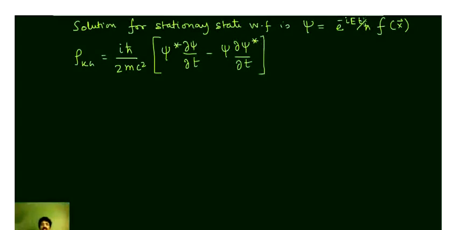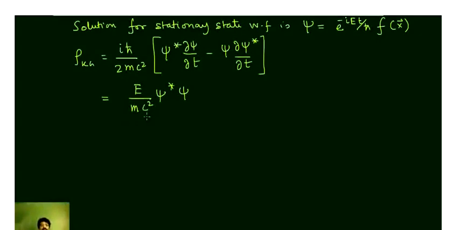If you plug this in here, you get E by m c square, psi star psi. Now see, this looks like the Schrodinger's rho, except for this factor E by m c square.